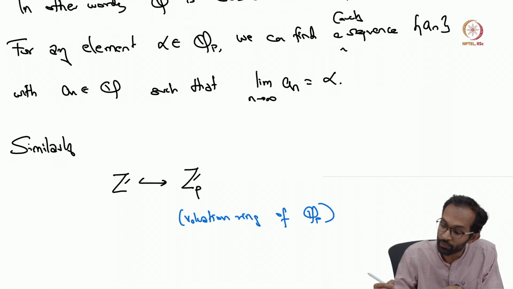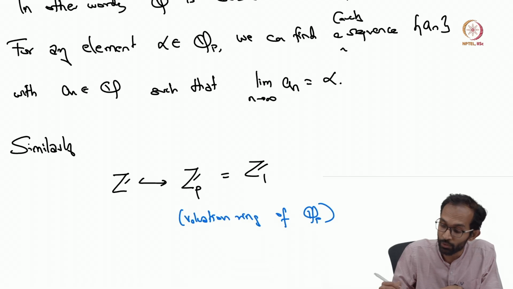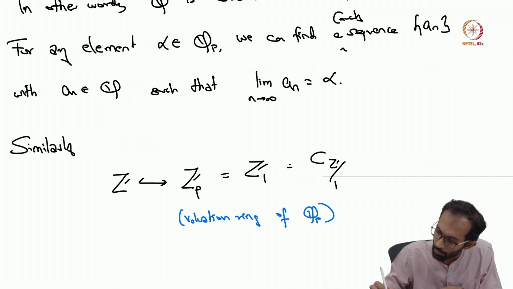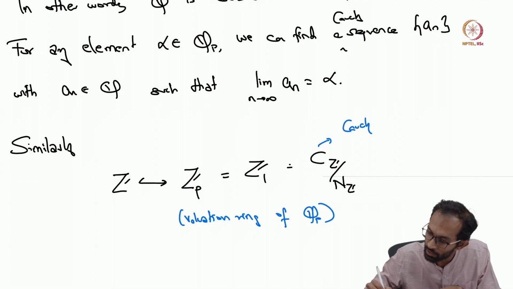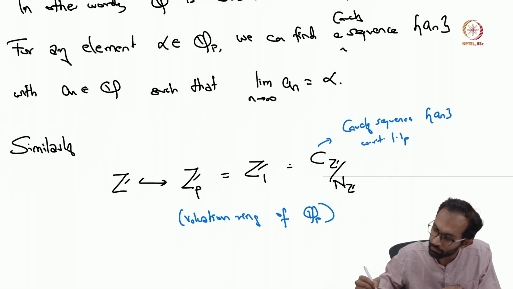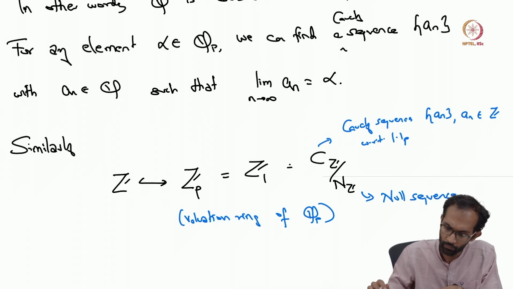One of the results that we proved in the last lecture was that Z_p is equal to a ring, the quotient C_Z by N_Z, where C_Z is the ring of Cauchy sequences a_n, again Cauchy with respect to the p-adic absolute value, where now the a_n just belong to Z, and N_Z is the ideal of null sequences inside C_Z.